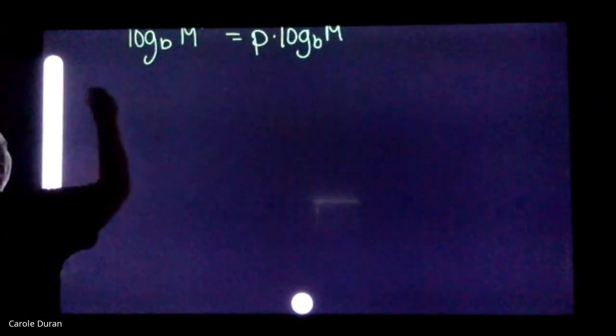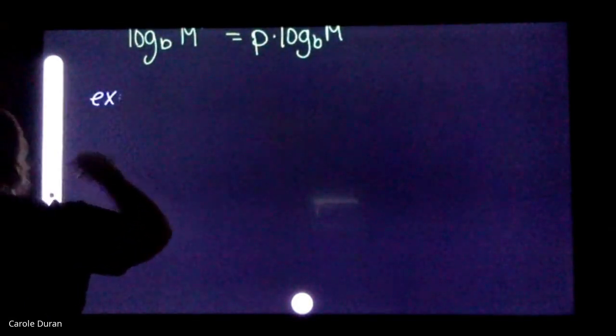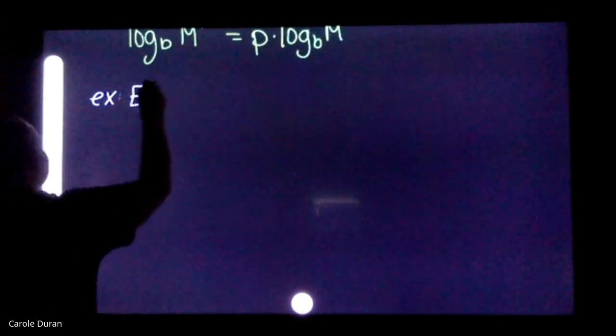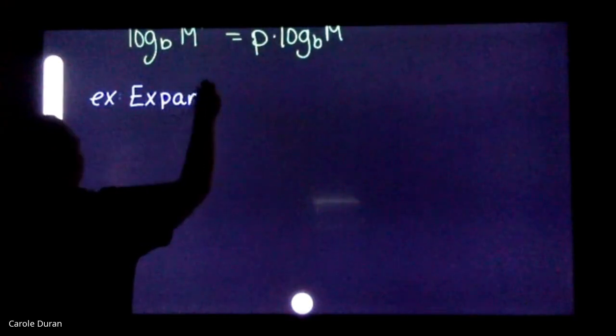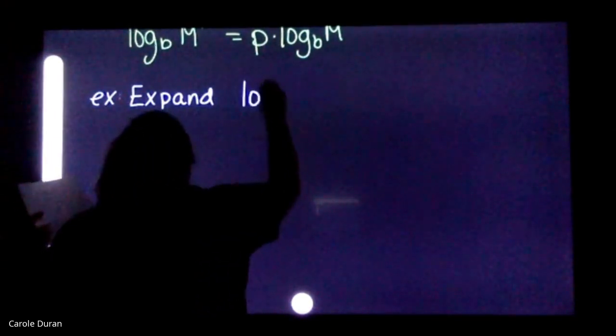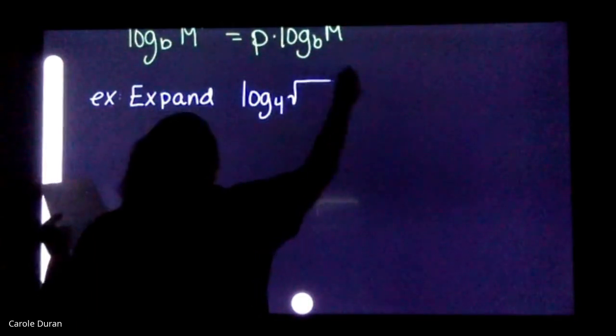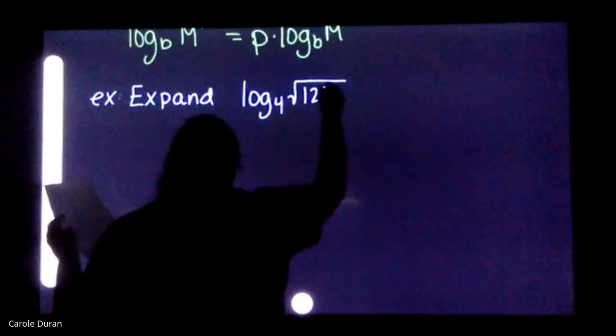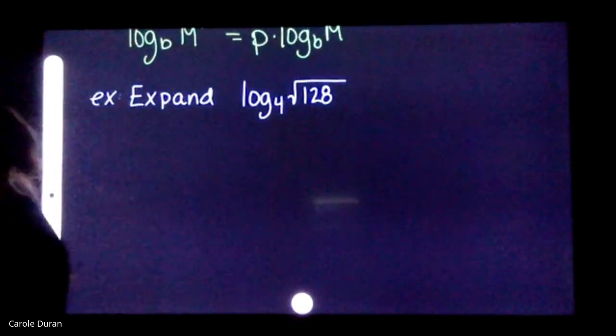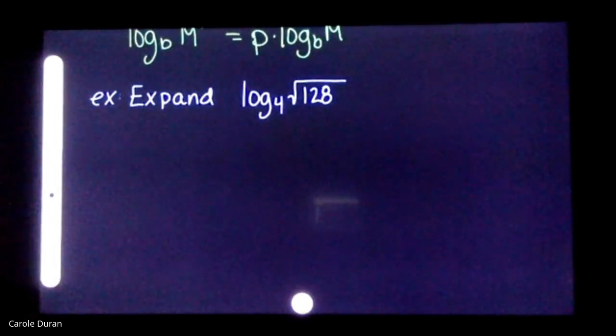So the first example I would like to do is I would like to expand this logarithm. So I have log base 4 of the square root of 128. Not only am I going to expand it though, but I'm going to expand it and then solve it, just for fun.